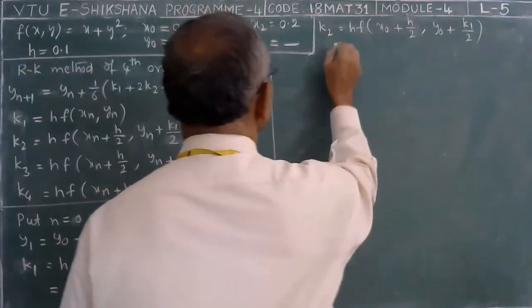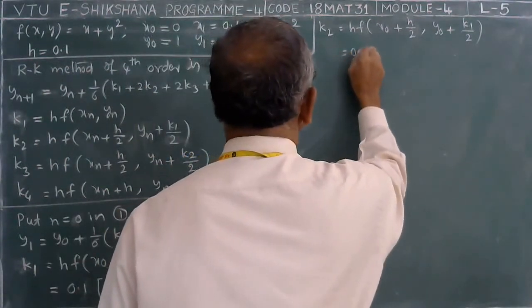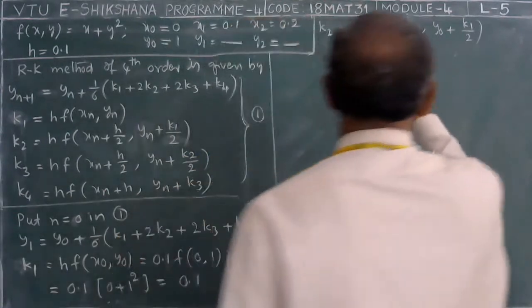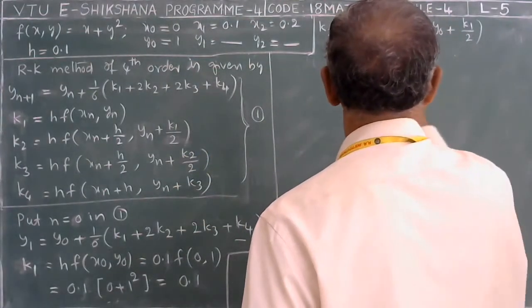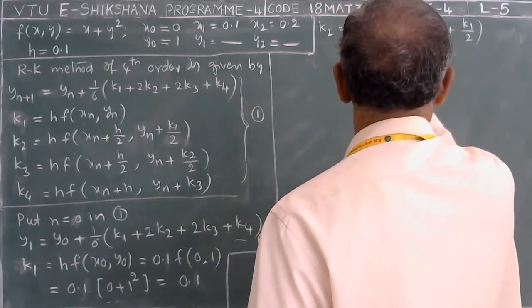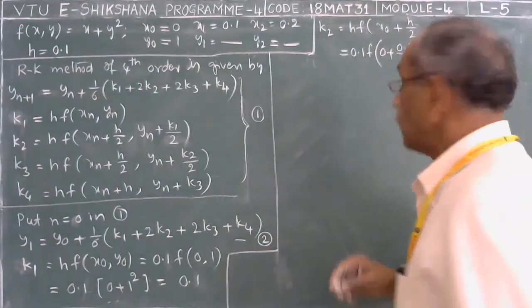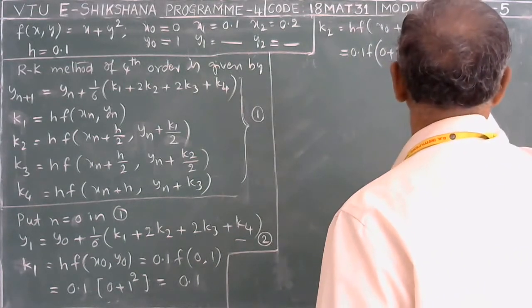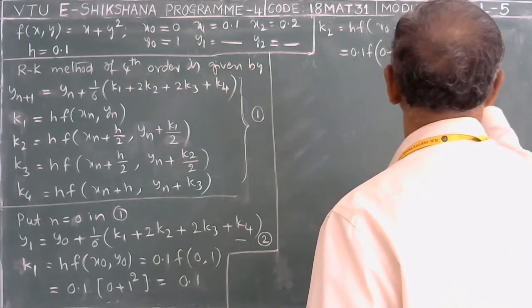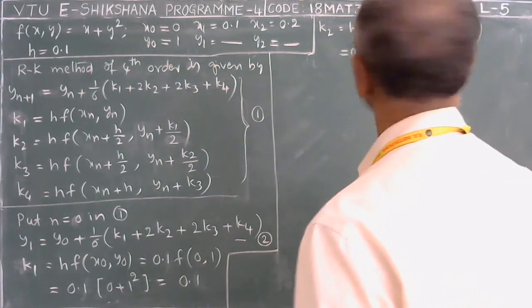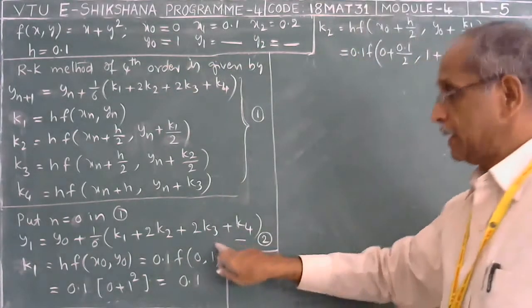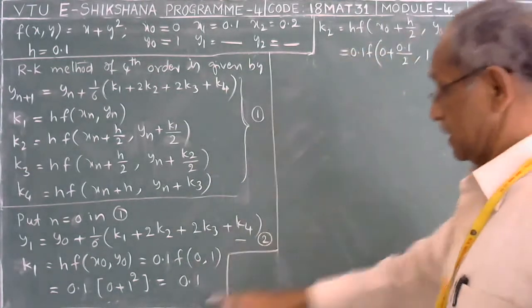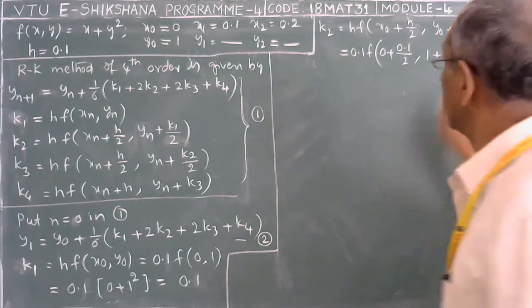Let me substitute here. h is 0.1 into f of 0 plus 0.1 divided by 2, 1 plus k1 which is 0.1 divided by 2.